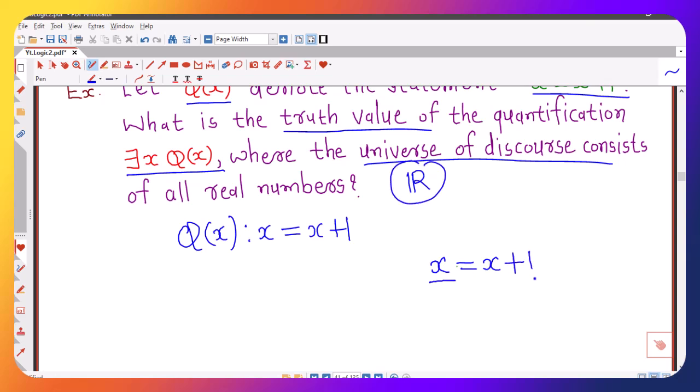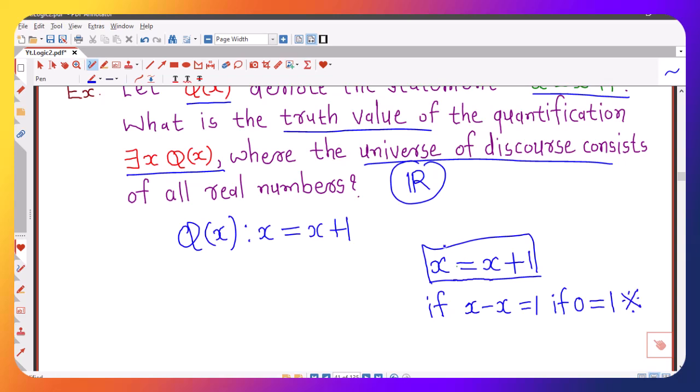But it is obvious that this is not correct. If this is correct, then we will have x minus x equal to 1. That means x minus x is 0. So if 0 equal to 1, then this is correct. But this is not possible. This is a contradiction.